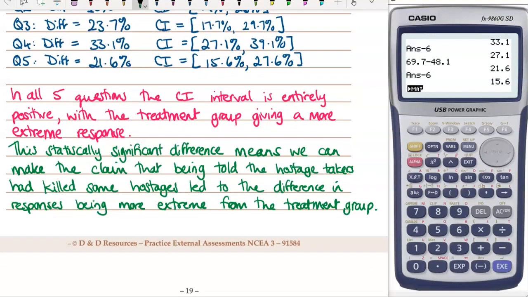And the statistical difference that we observe here means that we can make the call that the treatment that they received in the treatment group of being told that the hostage takers had resorted to killing hostages has led to the difference in the opinions that they've given in response to those questions.